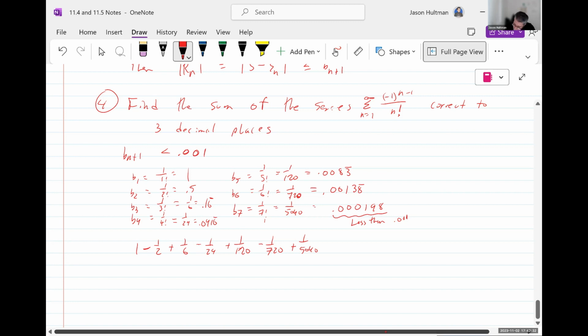So what do we want? Well, we don't want to add that one. Okay, we only want the first 6 terms.